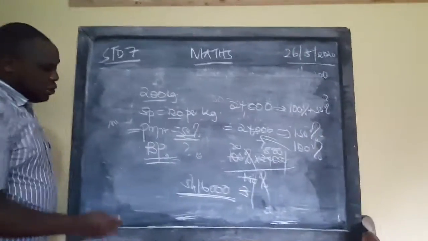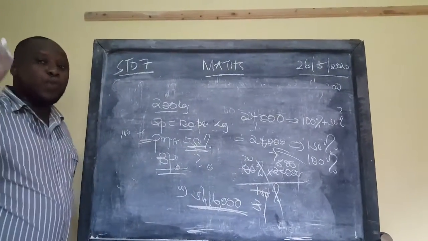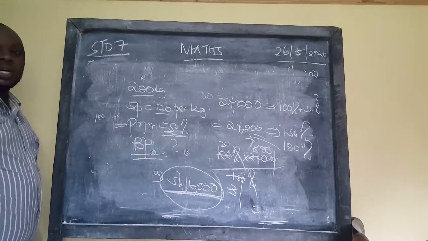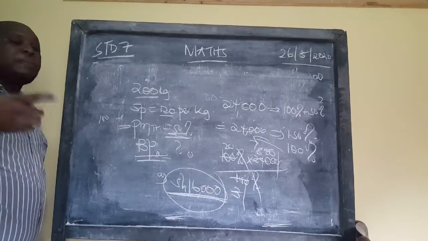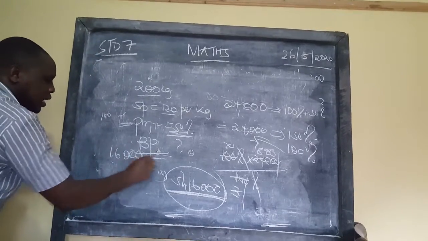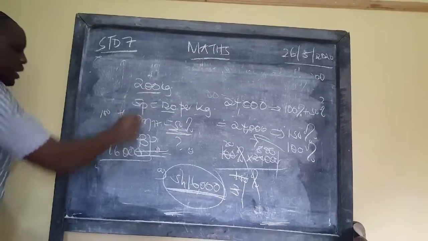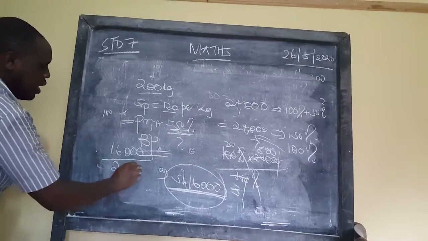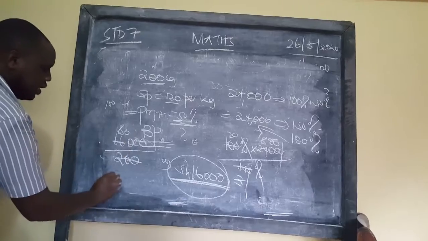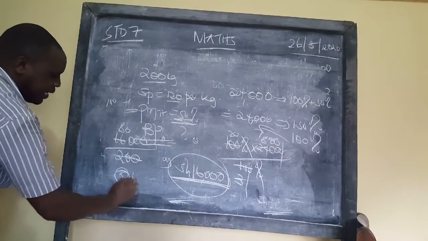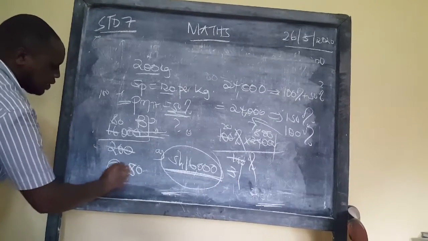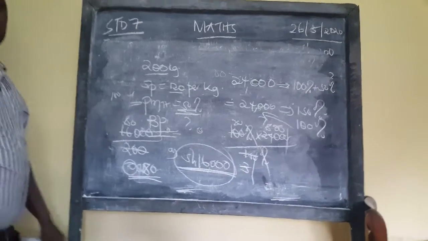Now a person can ask, what was the buying price of 1 kg? Remember, this is all the meat at 16,000. So if you want to know the buying price per kg, you take the total amount, 16,000, and divide by the number of kgs. There were 200. This will give you that each kg was 80 shillings.